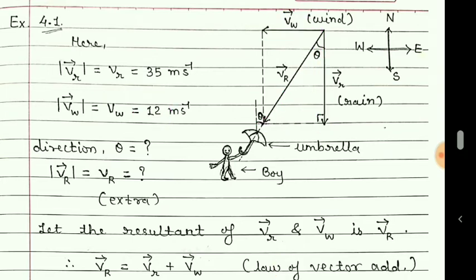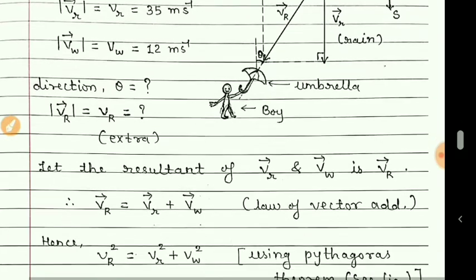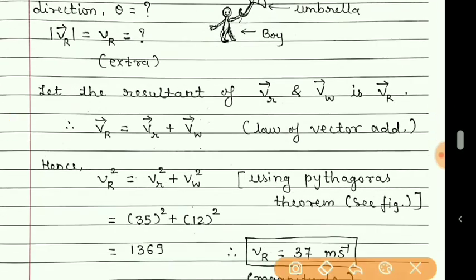Once again you can see a right angle triangle is formed, and so we can write that the square of the hypotenuse is equal to the sum of the squares of its adjacent sides, according to Pythagoras theorem.